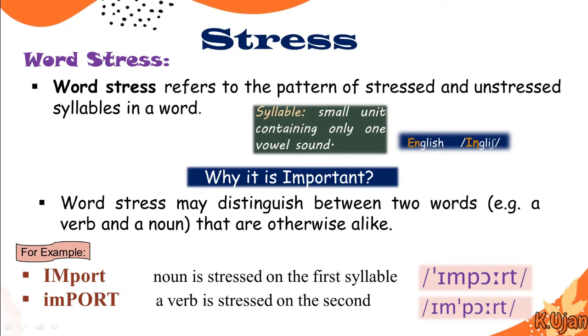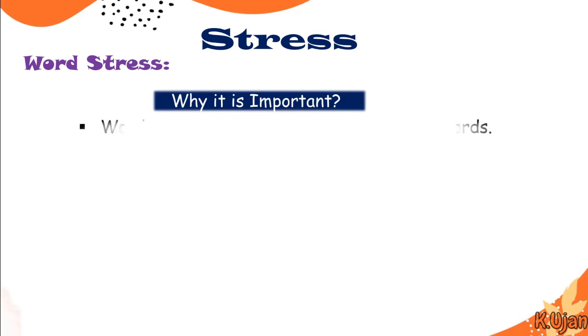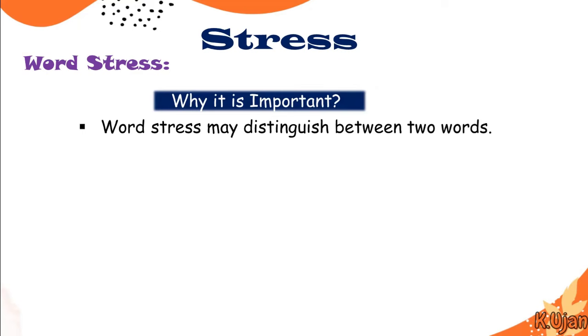So stress is important so that we can recognize whether this word is a noun used in a sentence or in a situation, or a verb. Here is another answer to this question: word stress may distinguish between two words, so that we may tell them apart.